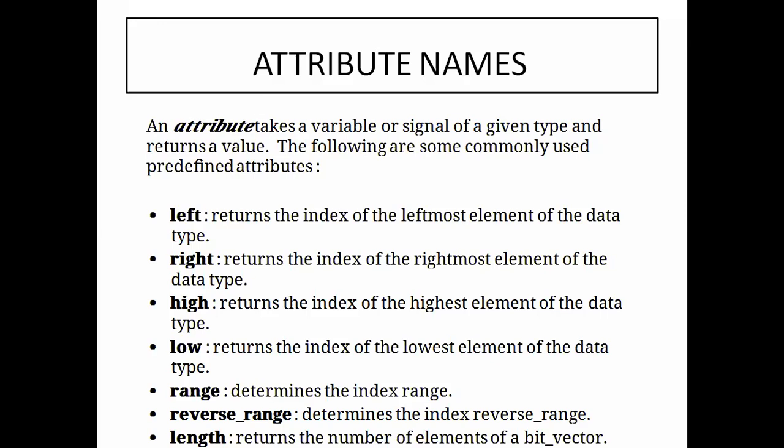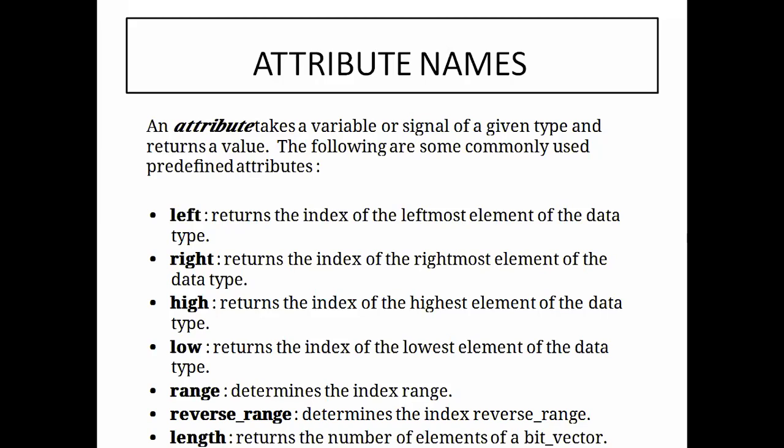And if you use low, it returns the index of the lowest element of the data type. As the name indicates, left means the leftmost element, right means the rightmost element, high means the highest element, and low means the lowest element within that index range, and that data it will return.